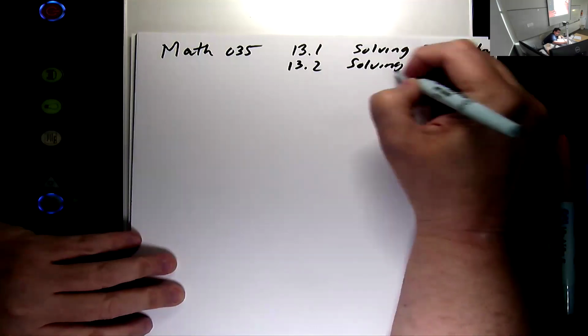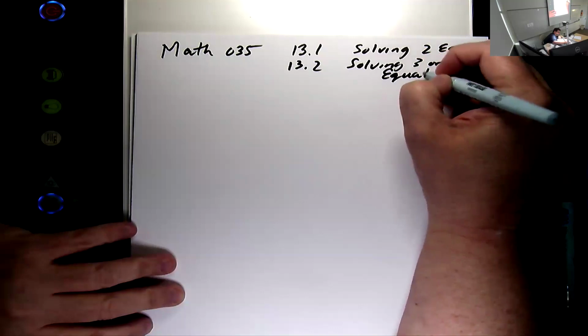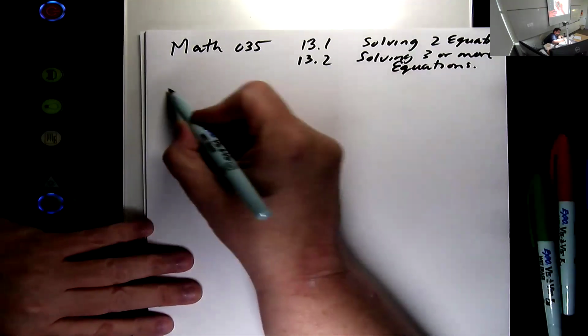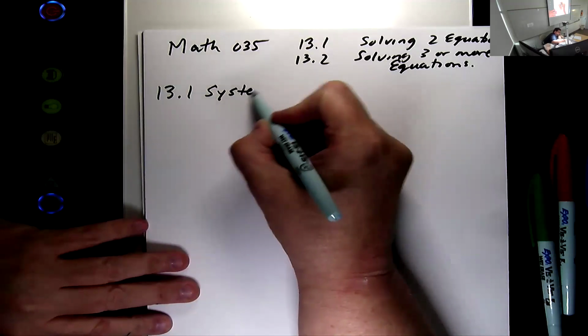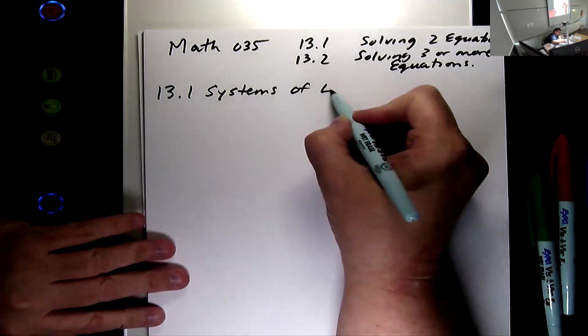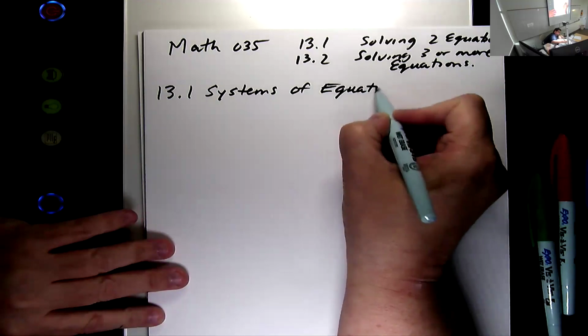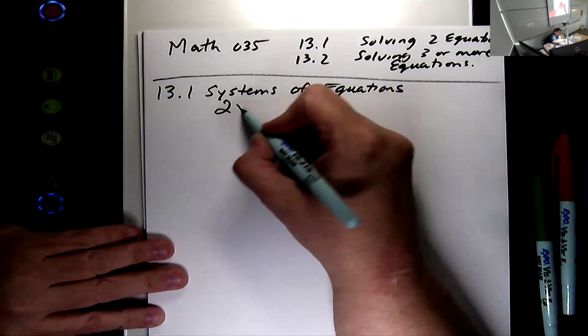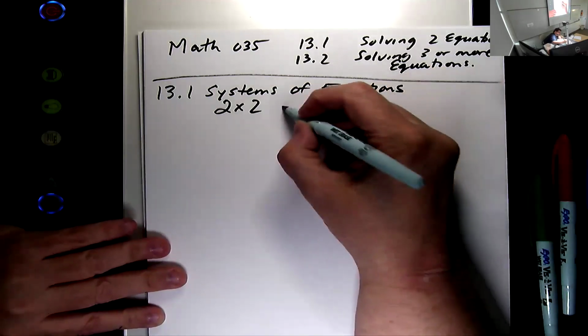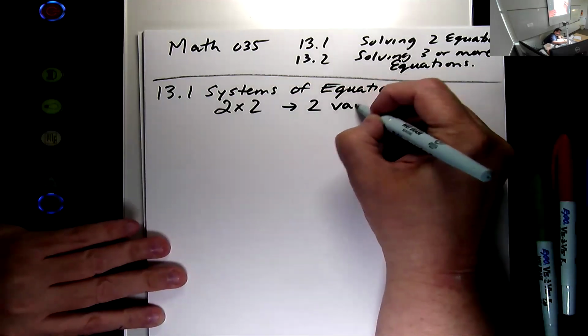And when I mean solving them, I mean simultaneously. So 13.1, they're called systems of equations. In 13.1, they call it the 2x2 system because there are two variables and two equations.